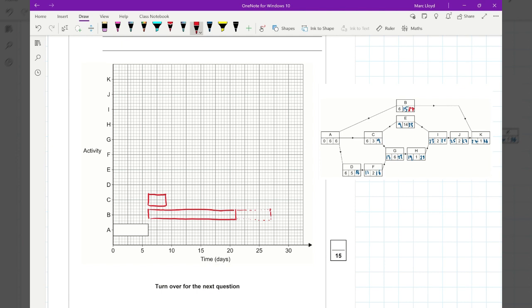Okay, D, again, starts at 6. 2, 3, 4, draw it like that. Has a duration of 5, meaning that I can just go 2 after there. That's 10 squares for it. And then look, 6 plus 5 is 11. Late time of 14, so it's got a float of 3. 1, 2, 3.